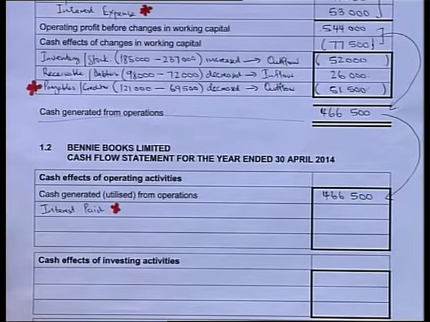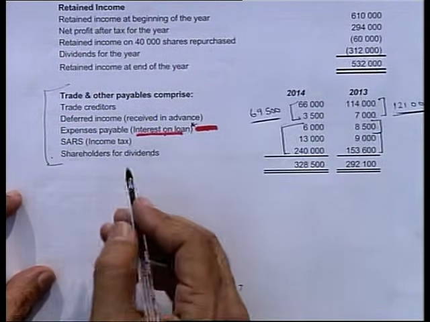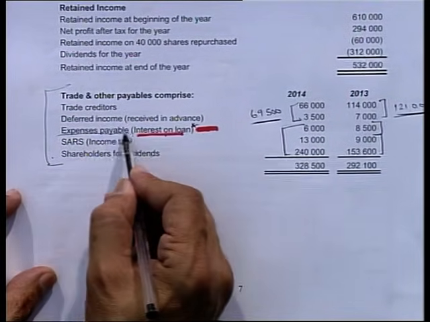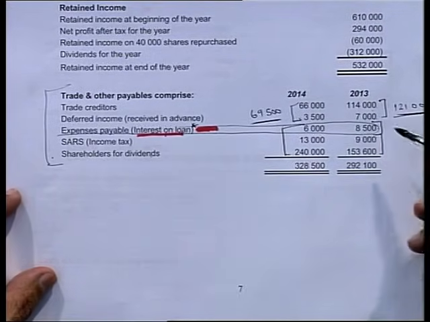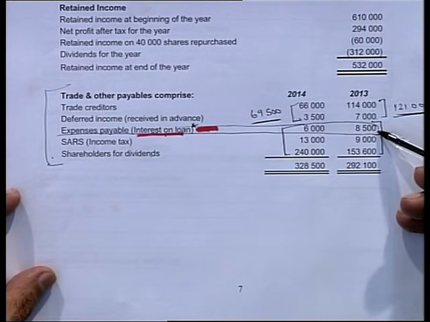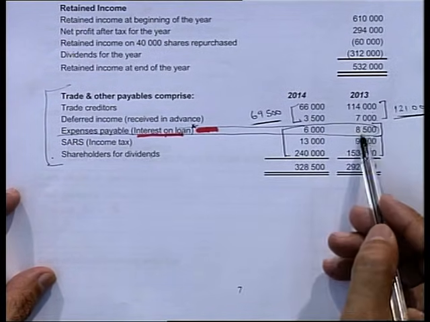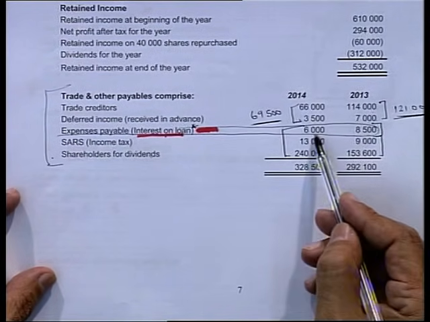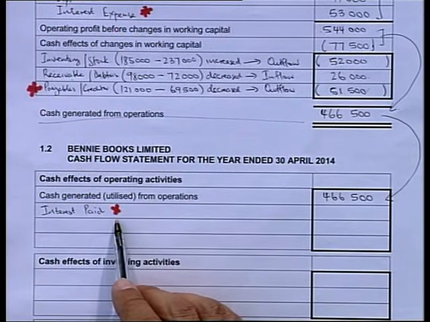But in this case, and very important, learners, because they gave us expenses payable, interest on loan, those two figures, meaning that last year we never paid 8,500, and this year we never paid 6,000.